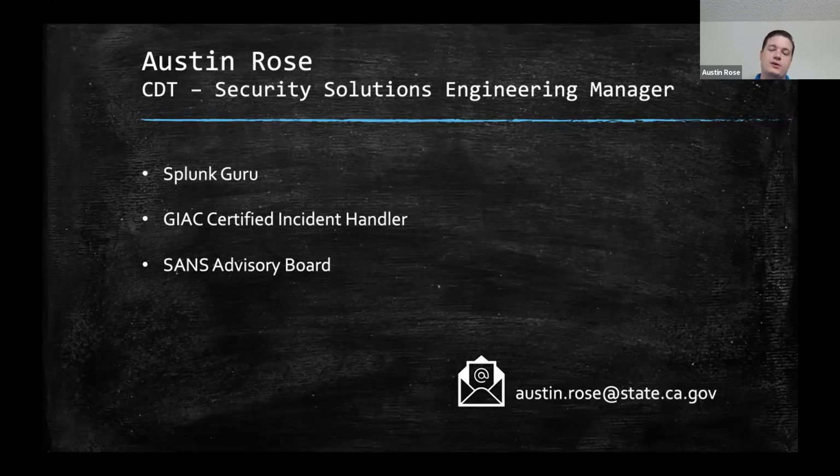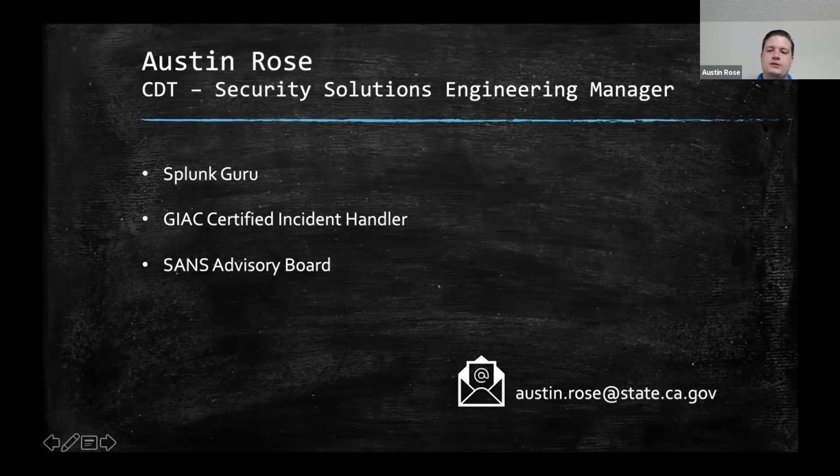So if anyone ever has any questions on how to deploy Splunk into the cloud, but not leverage Splunk Cloud, more than happy to share some of my insights and a lot of those lessons learned. That'd probably be a good topic for a discussion at a future users group. I'm also a GIAC certified incident handler with SANS, and I'm also on the SANS advisory board.